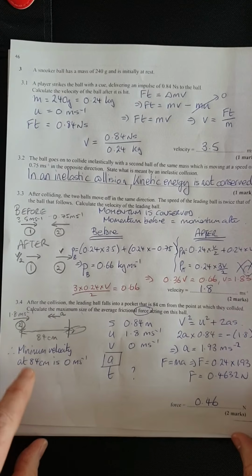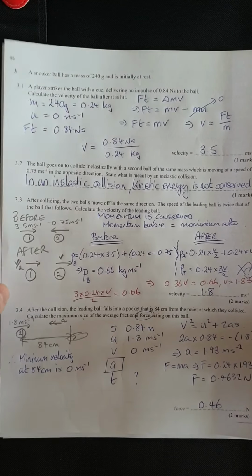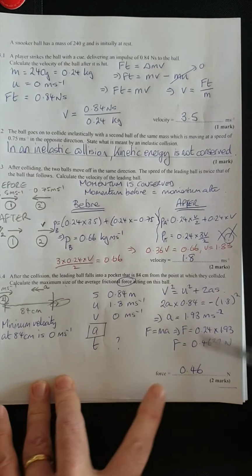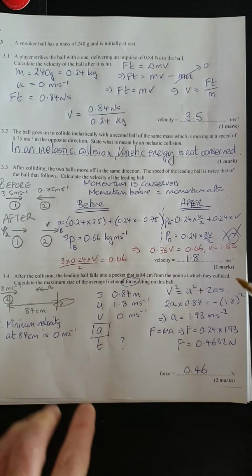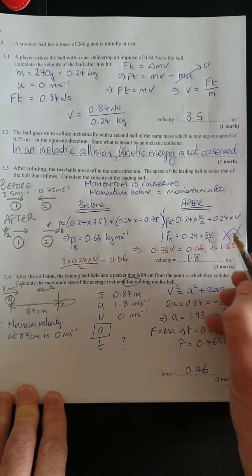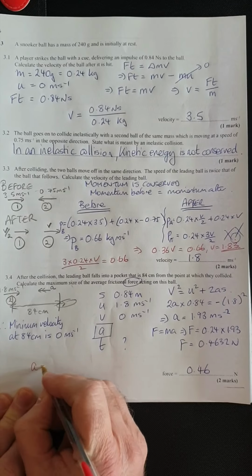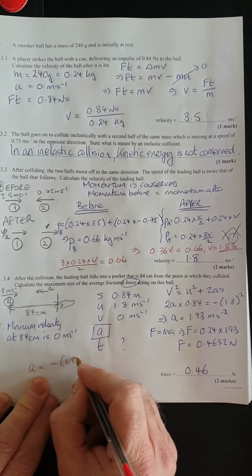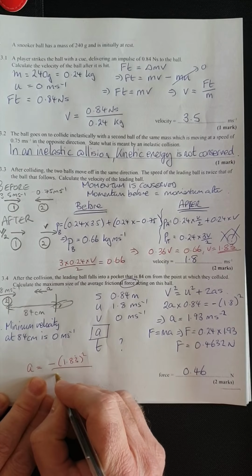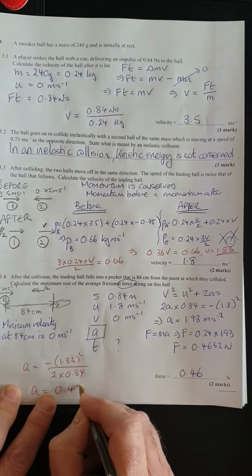Now, sometimes it can be a little bit tricky in questions to know whether we should use precise values or rounded values. If we look at this question, this is the value I get because I used 1.8 for the acceleration. If I was to use the original full precision of the value that I get, so there I would have that a is equal to minus 1.83 recurring squared divided by 2 times 0.84.